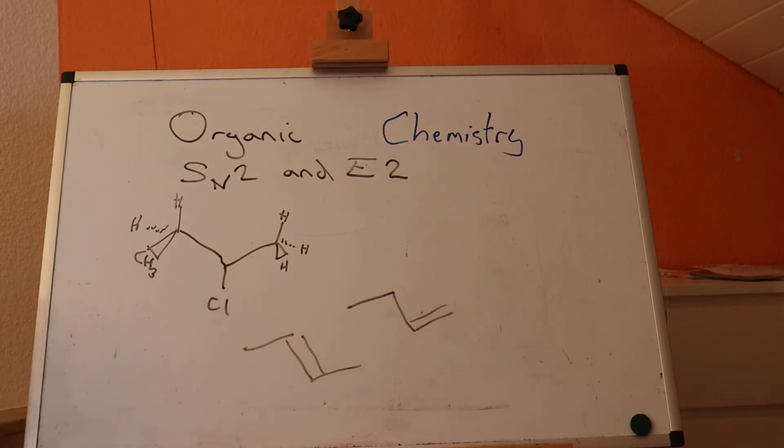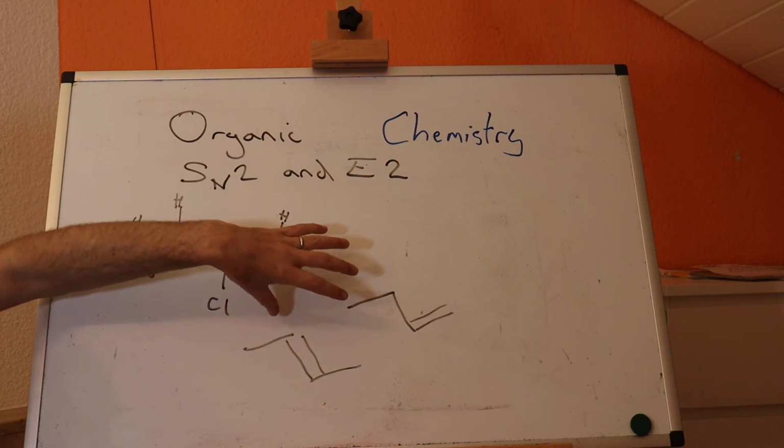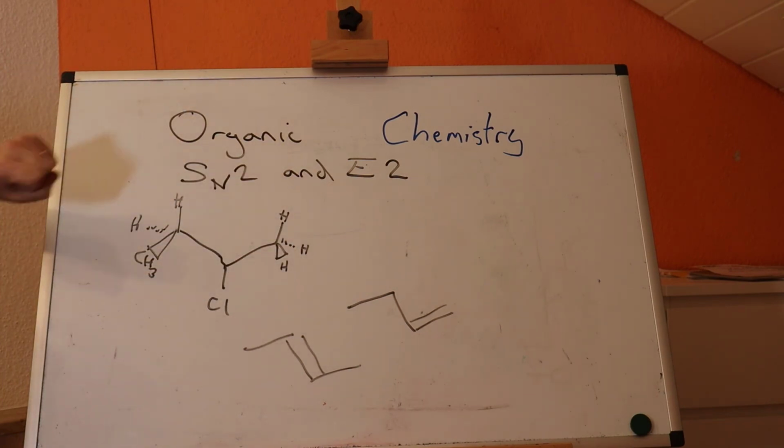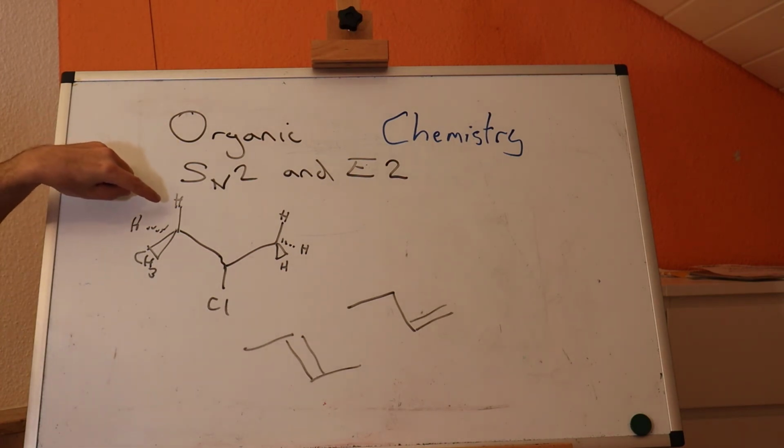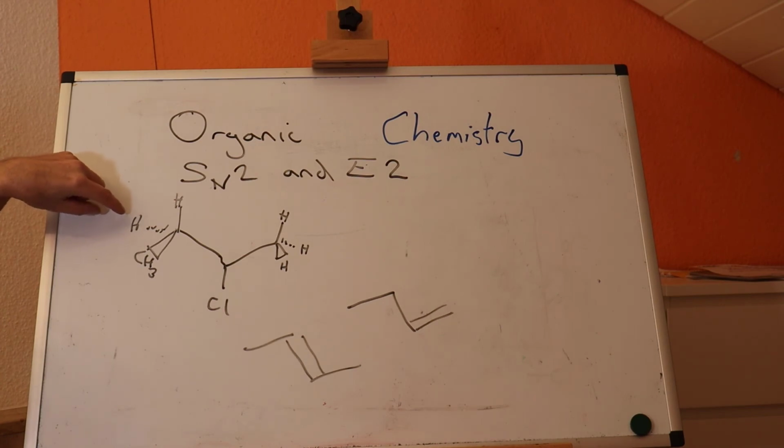It's always a mixture, or it's very often a mixture. This is obviously not very efficient, but if we want to form the secondary alkene, this E2 elimination will work pretty well, because we will predominantly form the lower energy product.